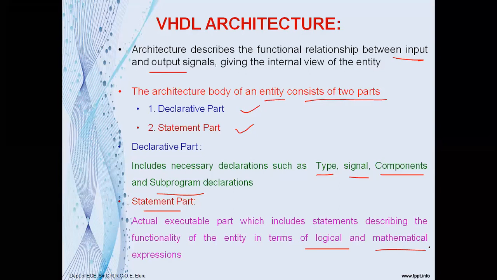The difference between them: concurrent assignment statements can be executed in any order in the architecture body if we want. You can randomly execute the statements, whereas sequential assignment statements have an order.